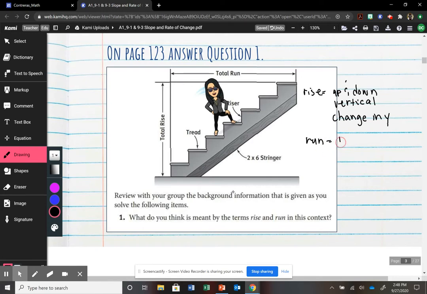So the run is the left to right, or left and right. Okay, the horizontal change, and you can also say it's the change in x. So here from the bottom of the stairs to the top, the run is how far was the change in x, and up to the top was the change from the bottom to the top, or the change in y.